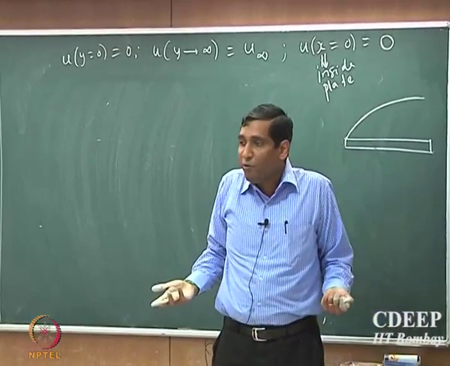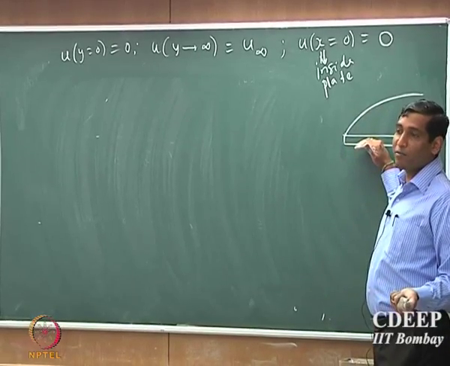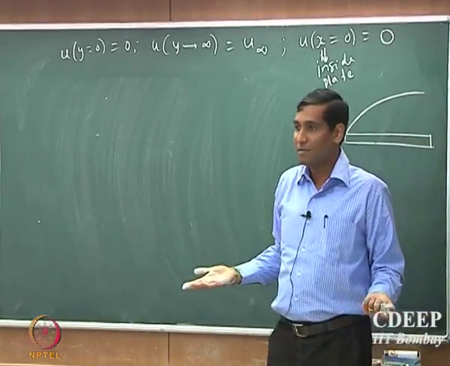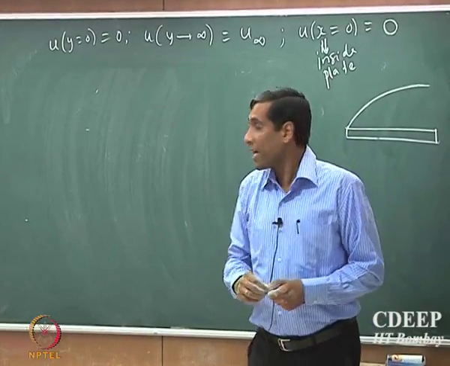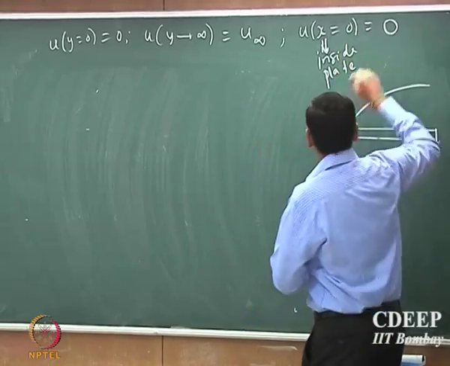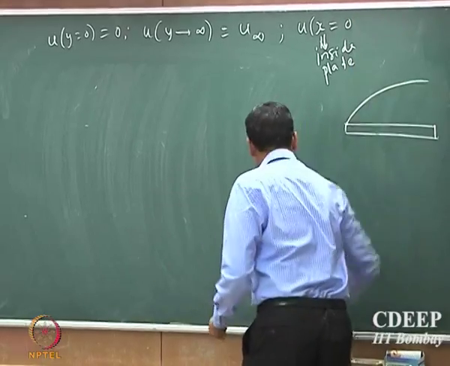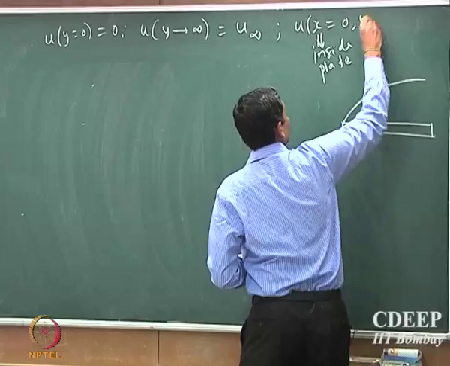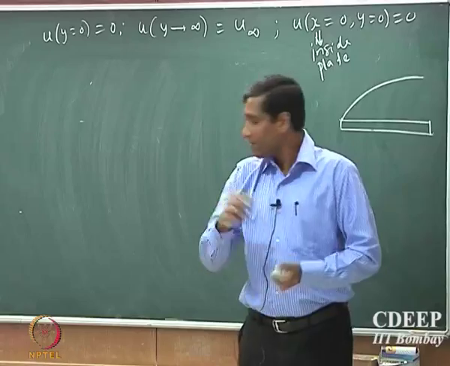You cannot be moving. If it is moving, then there is no meaning to have a plate here, which means that it is a frictionless plate. Why? Right, but that is x equal to 0, sorry, that should be y equal to 0, that is the boundary condition.